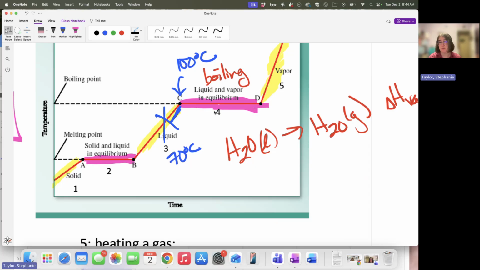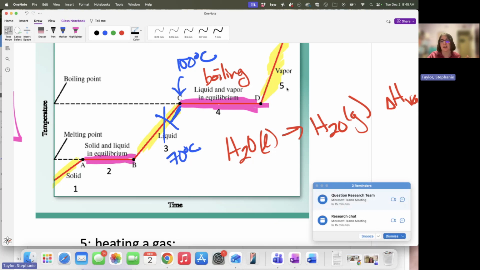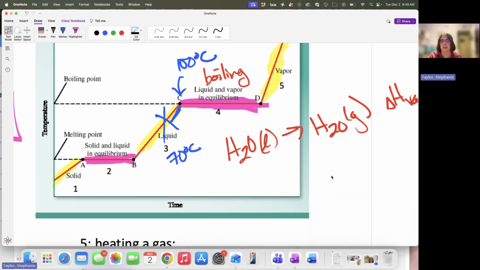I don't know if any of y'all have ever made candy before, but when you make candy, you can actually see this heating curve in action, because you usually boil a sugar water solution on the stovetop, and that thing will change temperature rapidly until it suddenly just seems to stop. And then you're like, "But I wanted my stuff to happen. Why isn't anything happening?" And it's because the water is boiling off. And then once all the water boils off, it starts to go again.